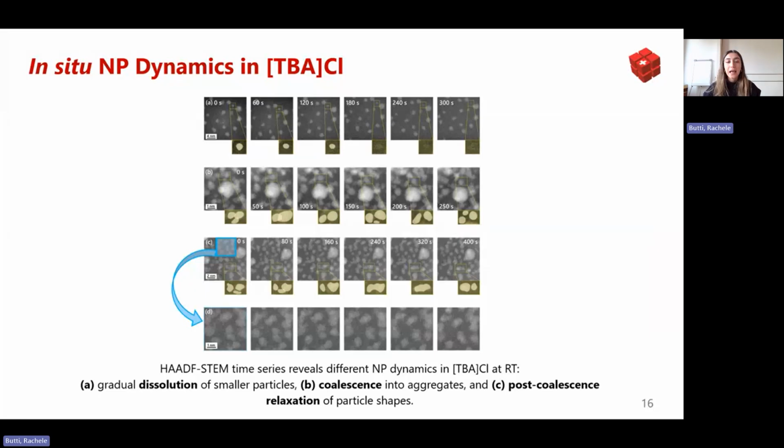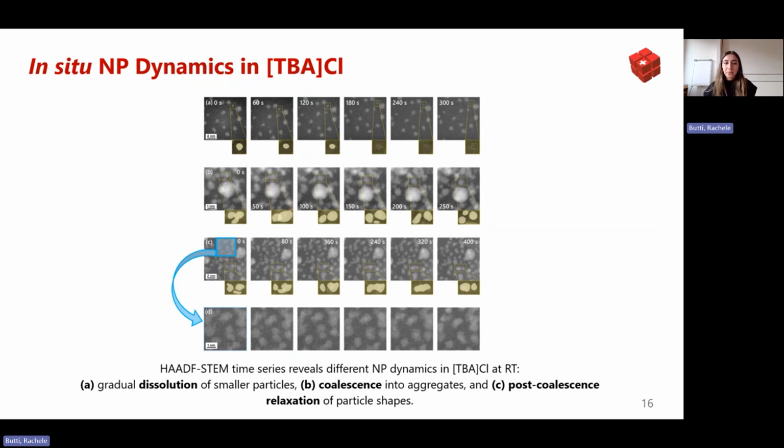Here we see other HAADF STEM time series, which reveal different nanoparticle dynamics as well at room temperature in the tetrabutylammonium chloride ionic liquid. Here we see a new event in the top part of the figure, which is a gradual dissolution of the small particles, which are around 1 to 3 nanometers, and this is considered a critical radius for the particle in order to survive under the continuous irradiation coming from the electron beam.